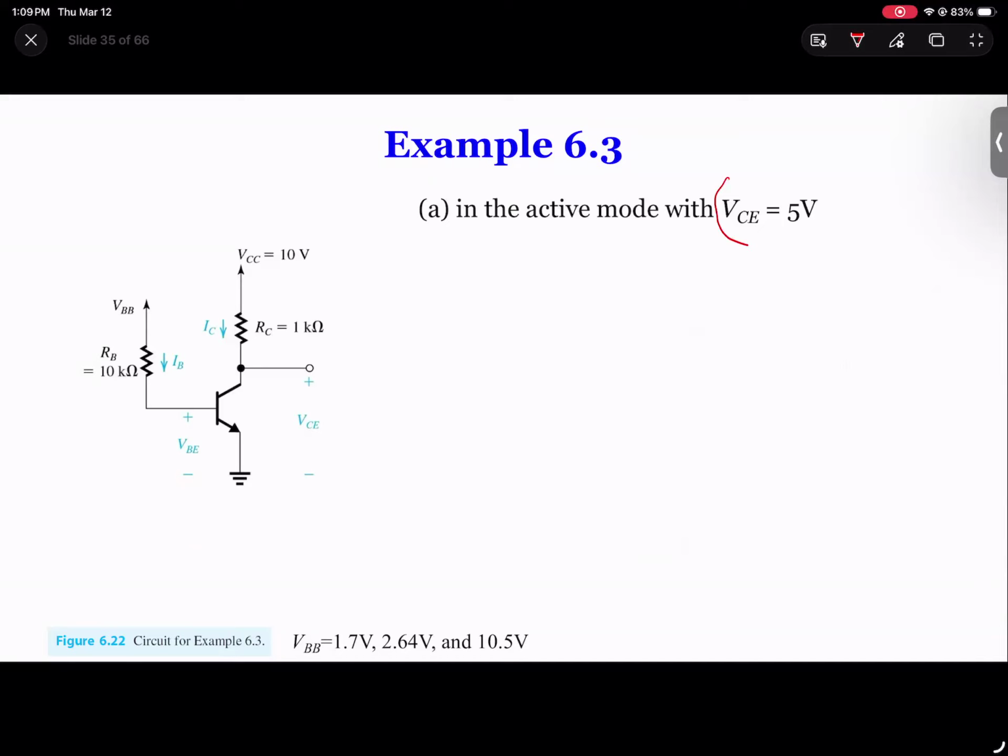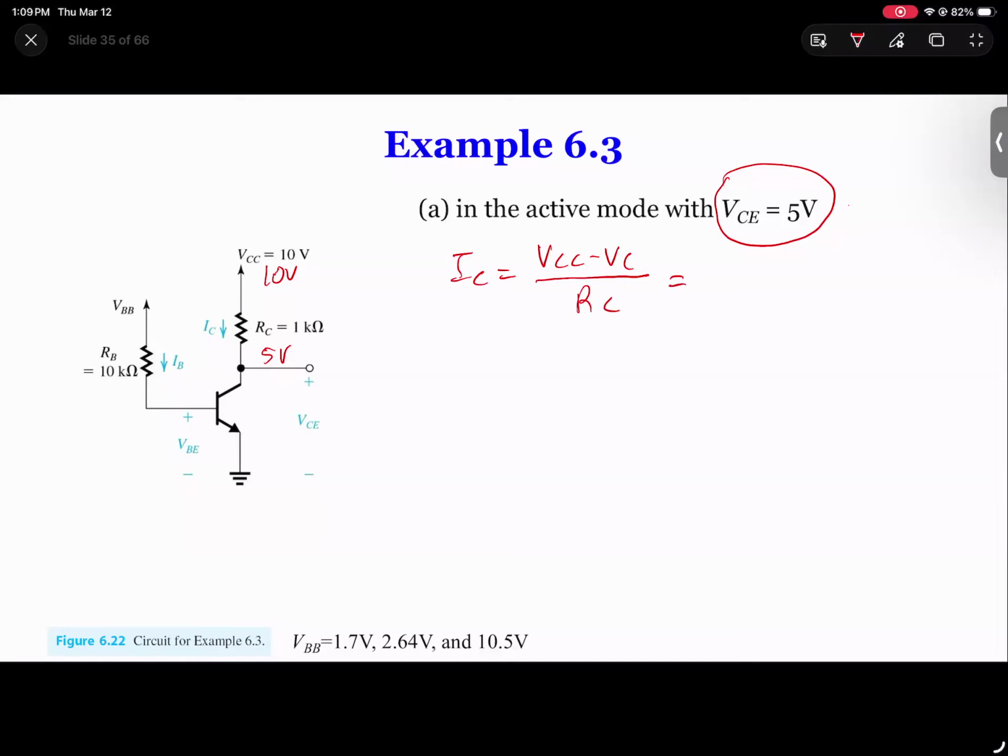So this is 5 volts, and this is 10 volts, right? We can see the difference between VCC and the collector has only one resistance, so it's easy to calculate the current IC, equal to VCC minus VC divided by this RC.